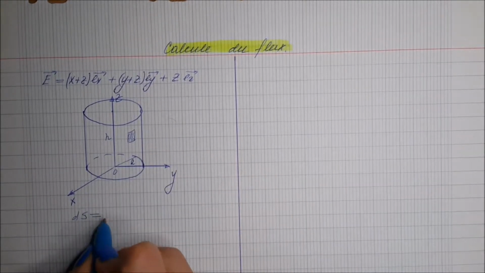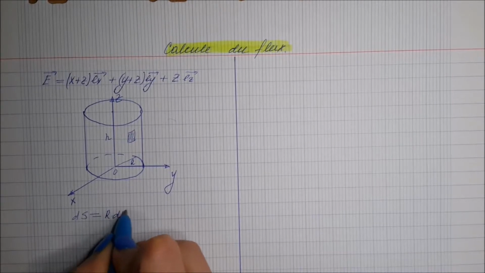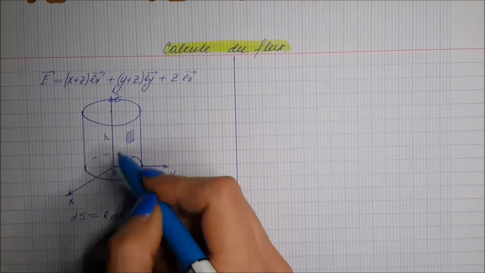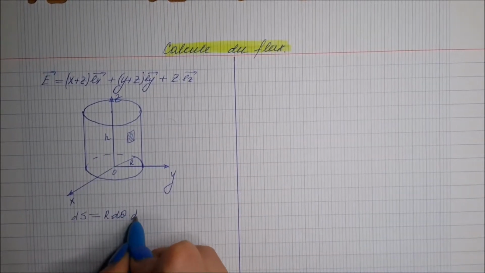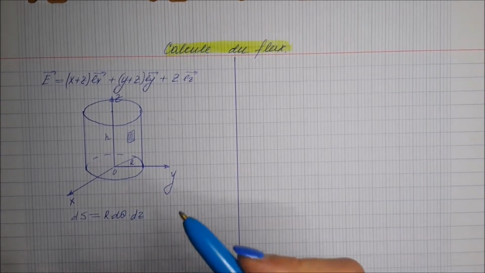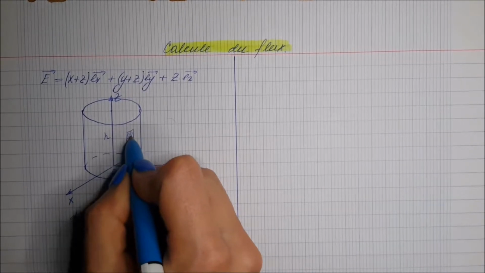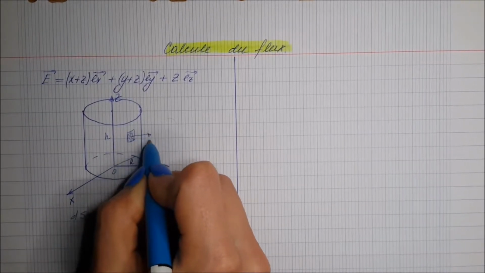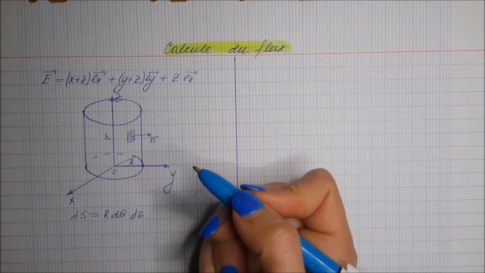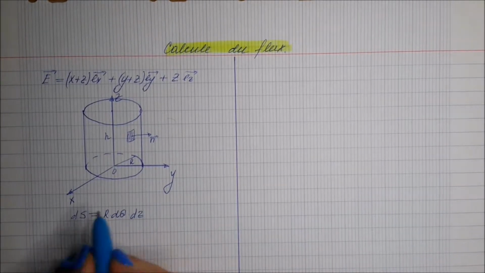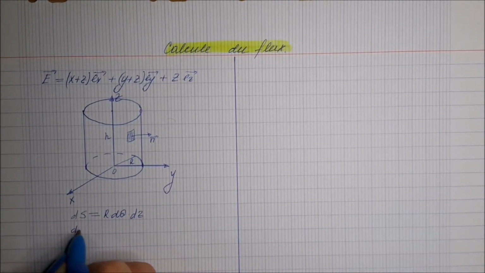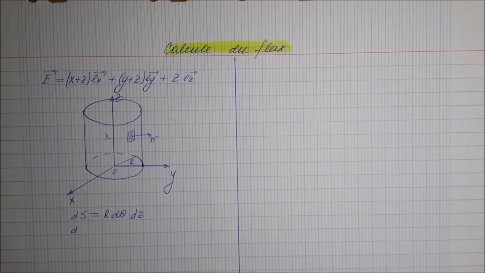So it will be r d theta times dz. And now, to calculate the flux, I need to define a unit vector, and as we've discussed, I will take the direction outside of the cylinder.